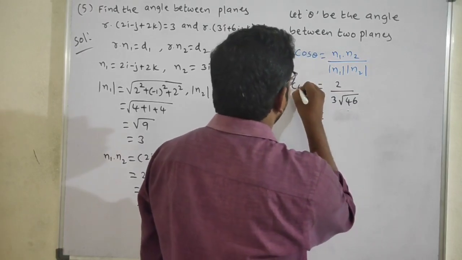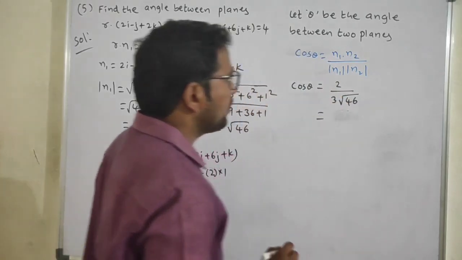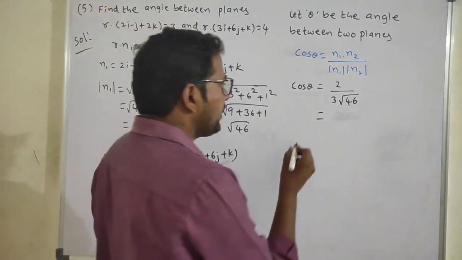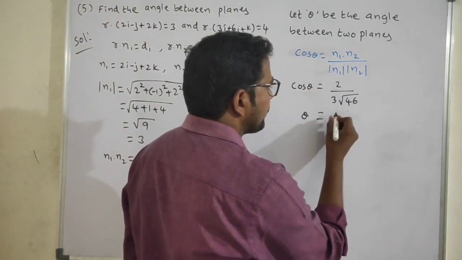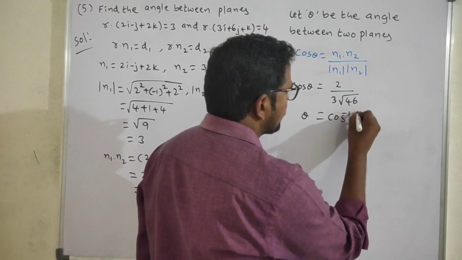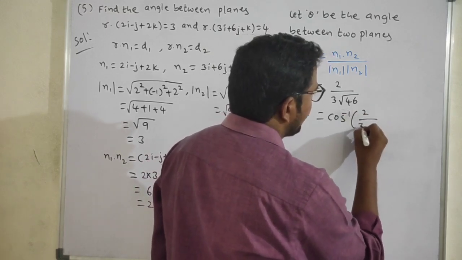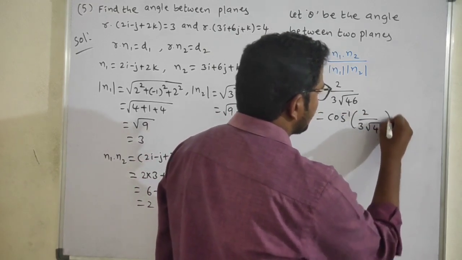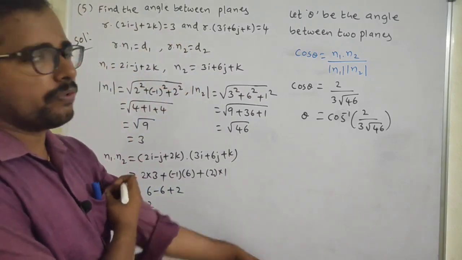This is cos theta. Cos theta is equal to 2 by 3 root 46. Theta is equal to, taking cos inverse on the right-hand side, cos inverse of 2 by 3 root 46.